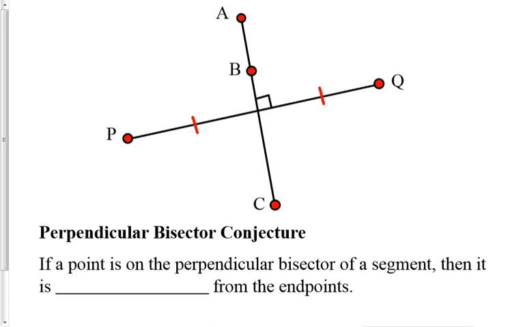Well, being that it is on the perpendicular bisector, we know that point B is equidistant to both points P and Q, which are the endpoints of the segment.